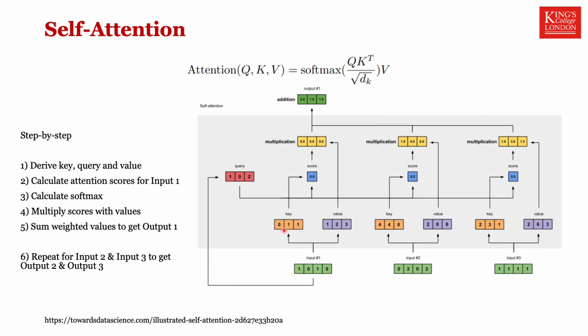You do a vector-vector multiplication between this and this, so that it gives you your score, which is what you're seeing here. After we do a vector-vector multiplication between the query and the key, we get the score, and the score is then multiplied by the value to give us this multiplied value, right? So this is the value that is going to come out.